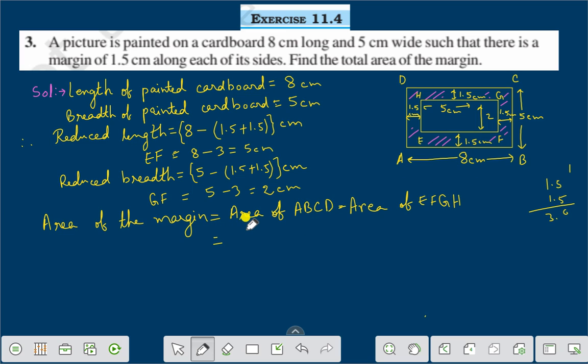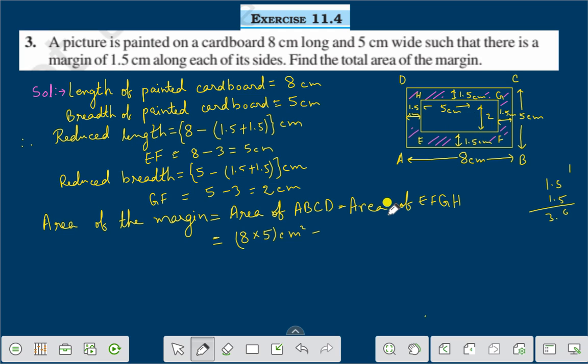The length is 8 centimeter. Area is length into breadth, right? Length is 8 and breadth is 5. That is 8 into 5 centimeter square, minus area of EFGH. Here the length is 5 and breadth is 2.